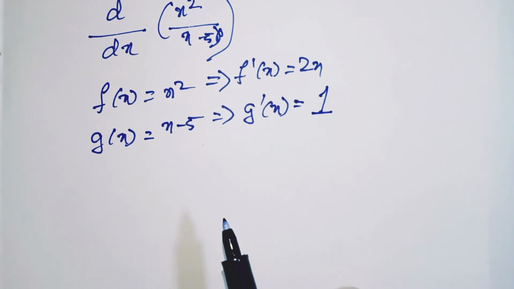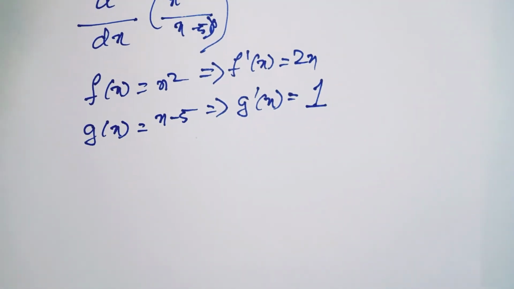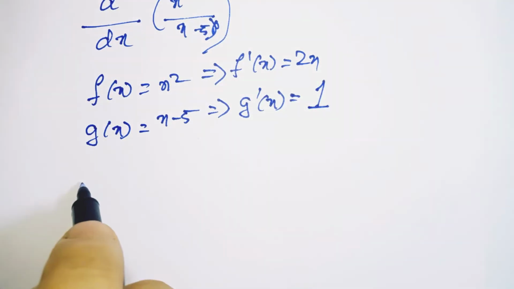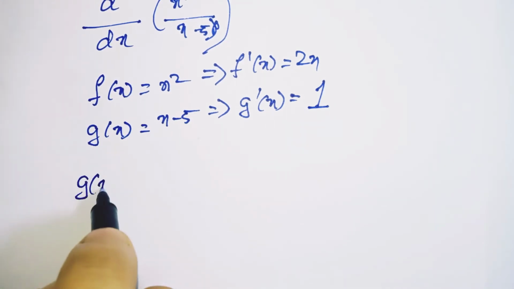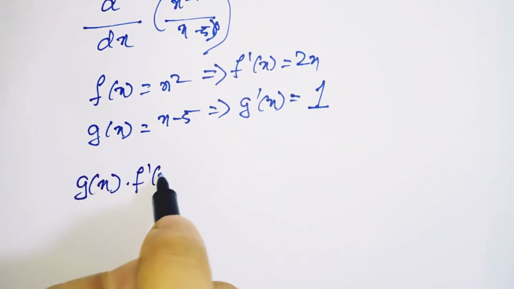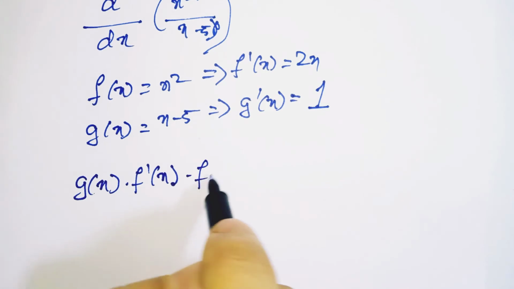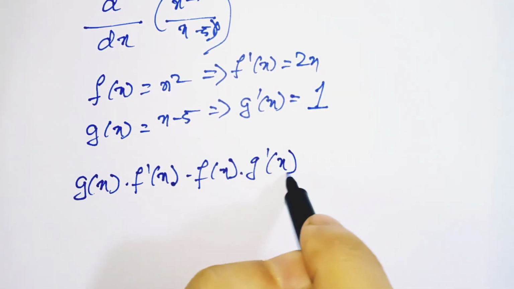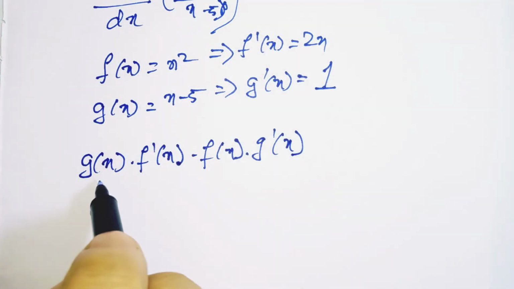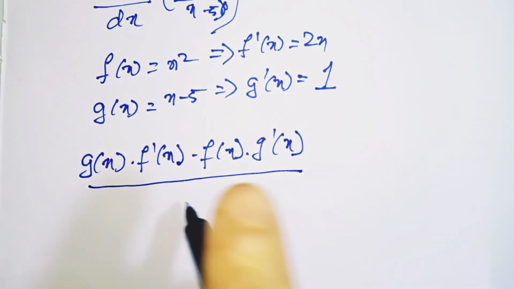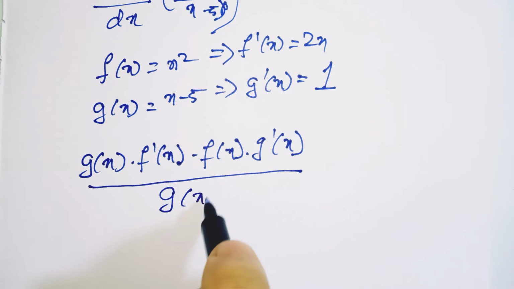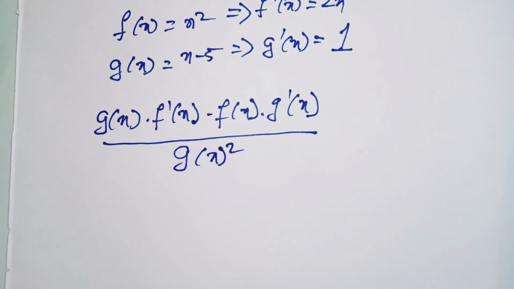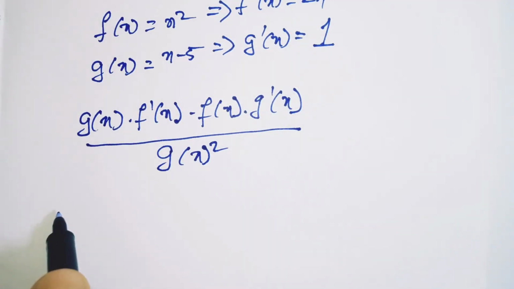So again, we will follow the same rule so that the mistakes are less. We write g of x times f prime of x minus f of x times g prime of x, and this is whole divided by g of x squared, which is our quotient formula, and we will just substitute these values.